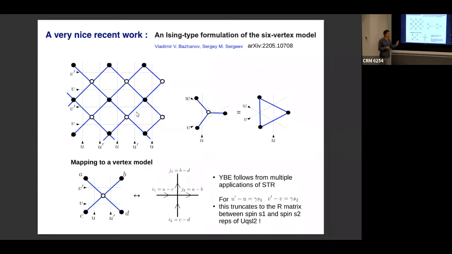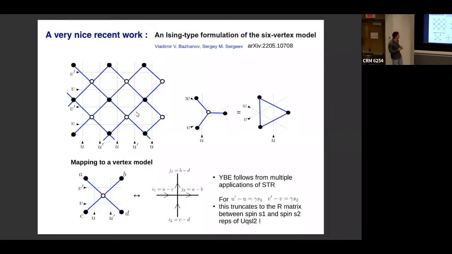Okay, so that's actually pretty brilliant, because the message is that behind these higher spin XXZ models, you have some hidden structure with twice more lines, twice more spectral parameters, and the Yang-Baxter equation just follows from a multiple application of the star triangle equations.